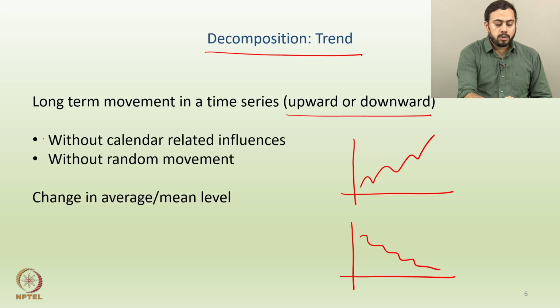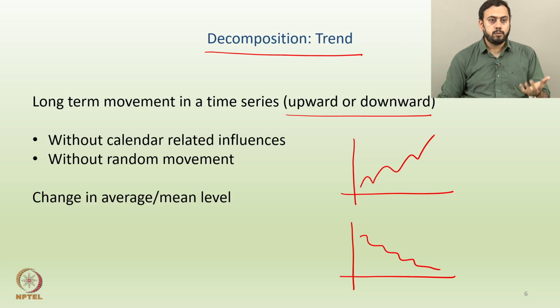Now, a couple of sub parts. What exactly do you mean by trend? If you break it down into further pieces, the first point is that trend does not contain any calendar related influences. So, here one can't say that trend is upwards in summer or downwards in winter, right.